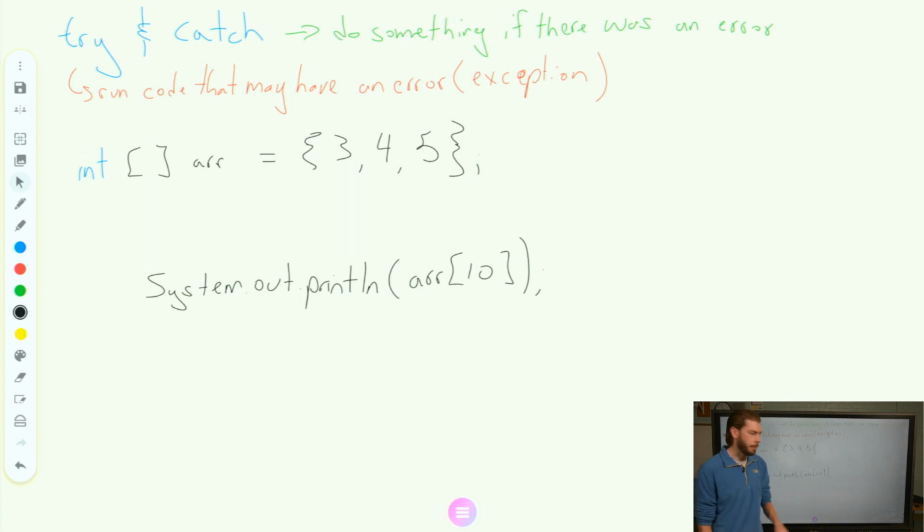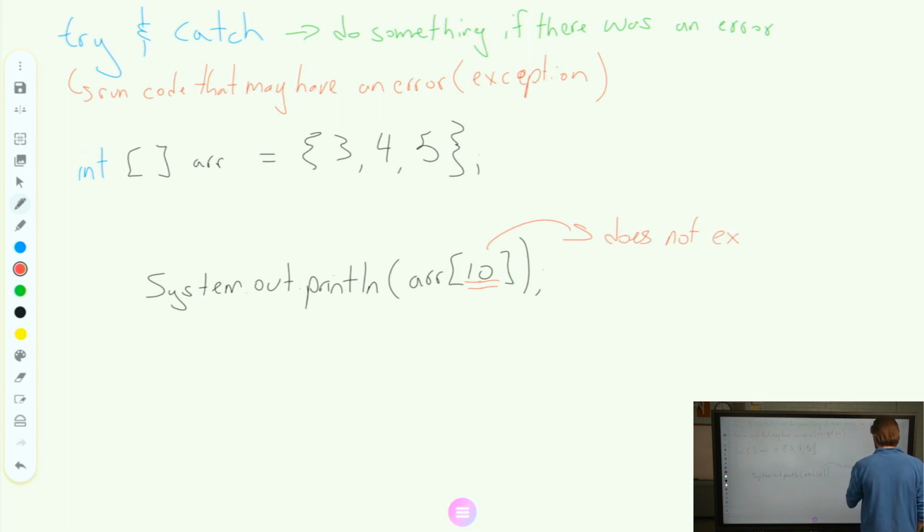This would cause a problem, right? Because I'm trying to access the 10th index of my array, which we know doesn't exist. This index does not exist.